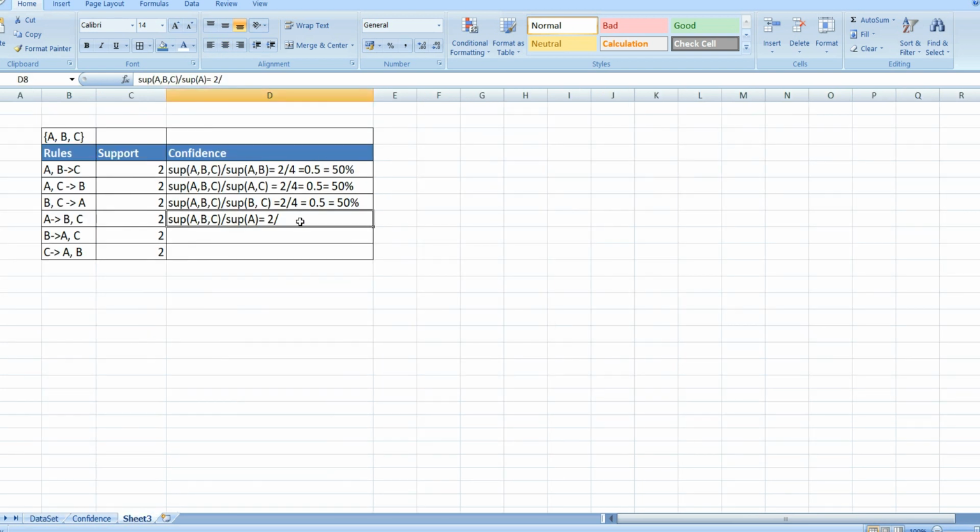And then we divide by 6. This should give us a value of 0.333, to give us 33.3%.